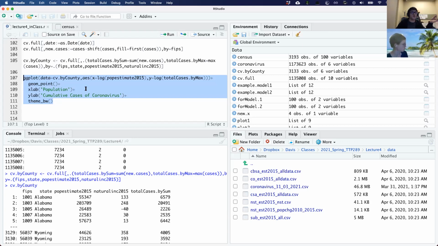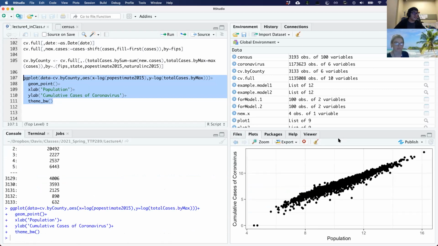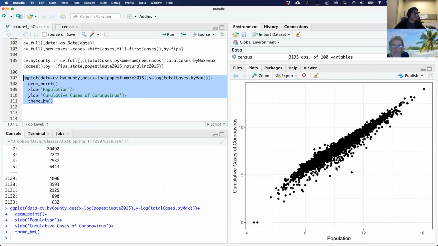This you would be able to do fairly easily in the base plotting package for R. And all this looks at is whether or not there's some kind of relationship between the total number of cases that we're observing in coronavirus versus the population of different counties in the country.